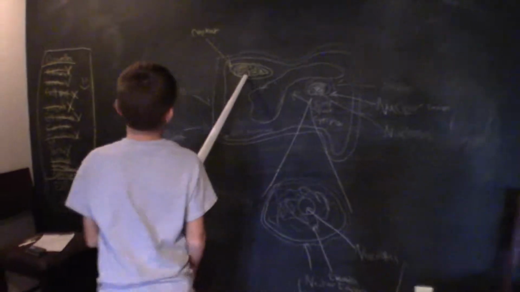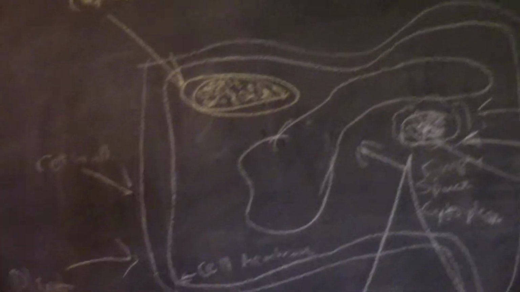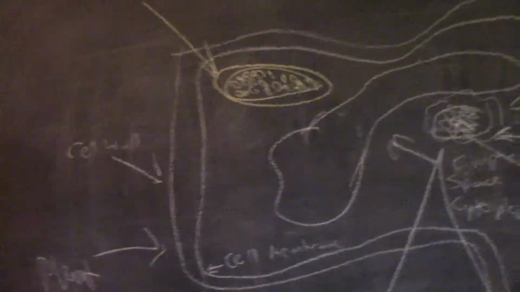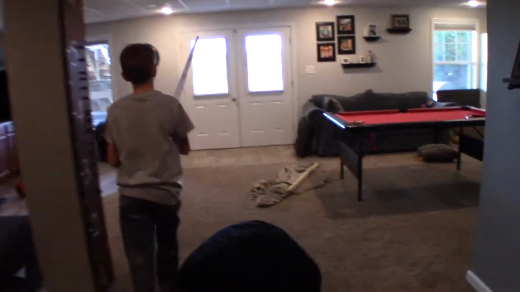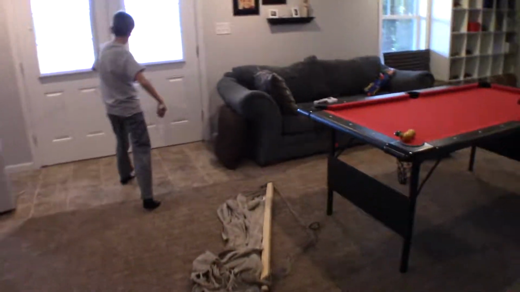Chloroplasts look like a pea in a pod. They are only in plant cells, and they are what makes plants green. They also use the sunlight's energy to make energy. For example, we go outside.